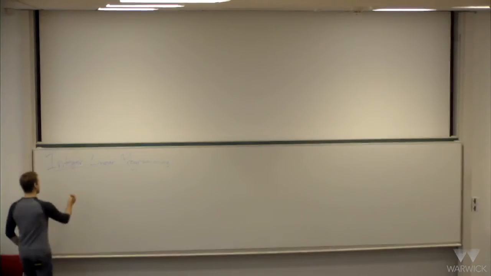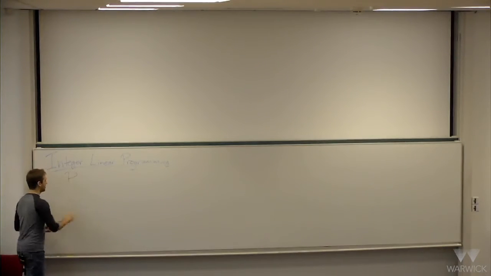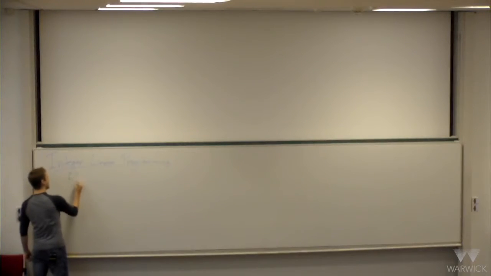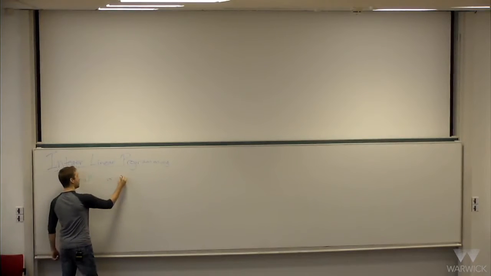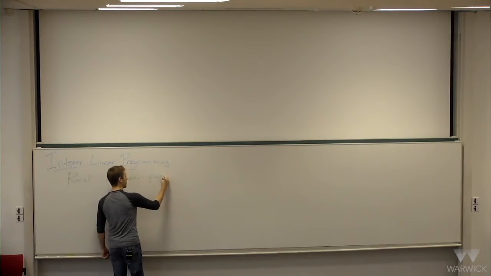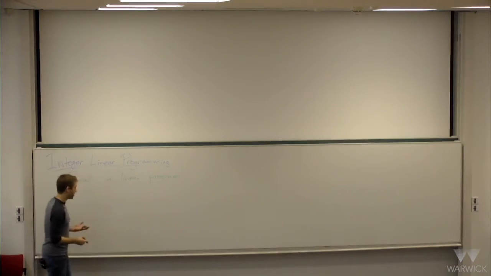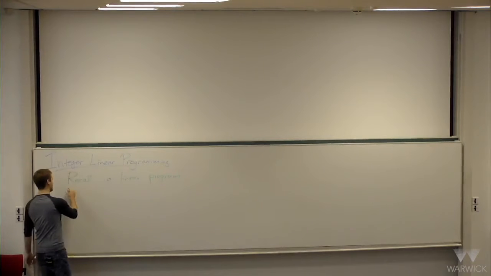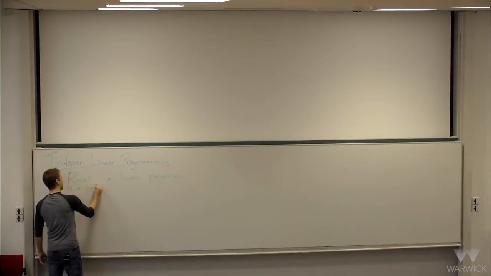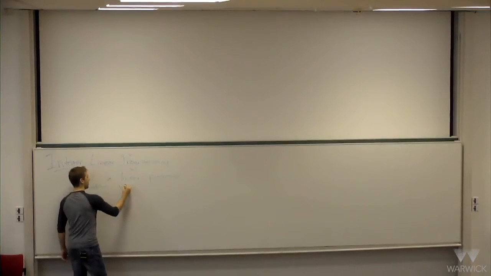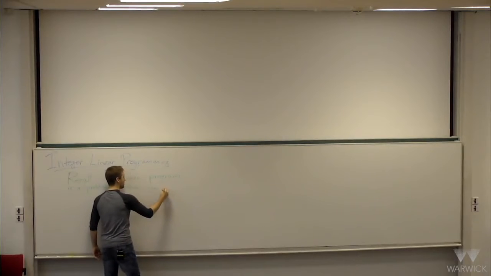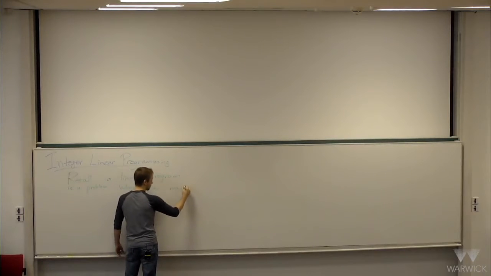So remember, this was quite a long time ago now, 6 weeks ago or so, but we were talking about linear programming at some point, right? So a linear program is a problem where you want to maximize or minimize.